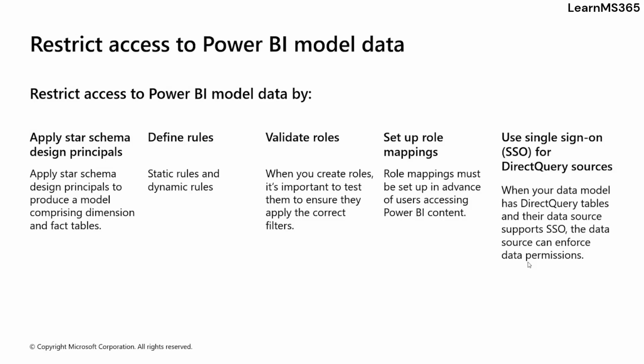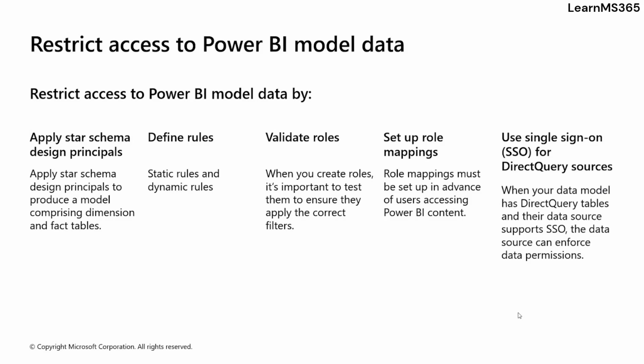Environmental values are returned from three specific DAX functions, which are USERNAME or USERPRINCIPALNAME, which return the Power BI authenticated user as a text value, and it could also be specified by the CUSTOMDATA function, which returns the property passed in the connection string.